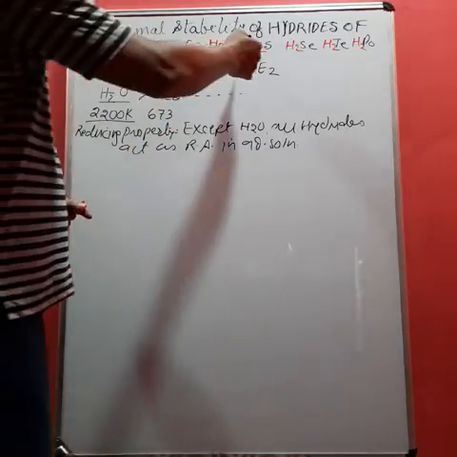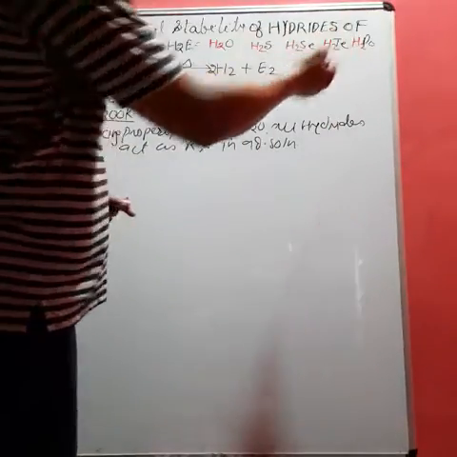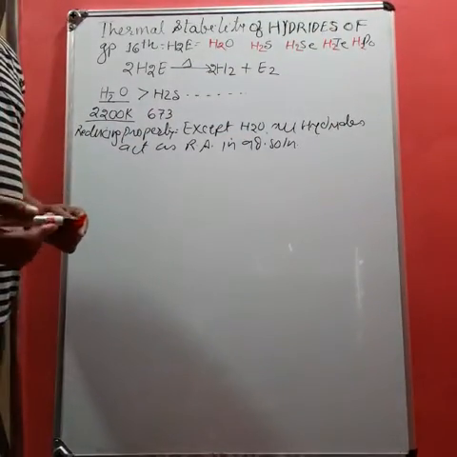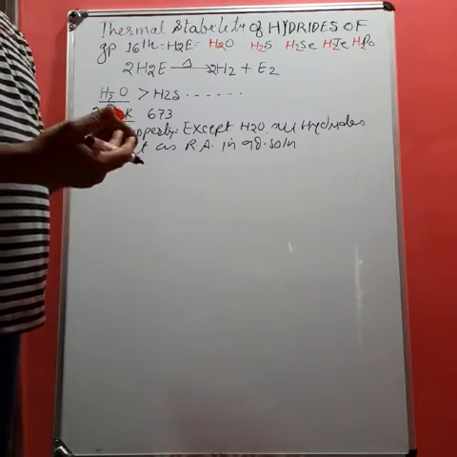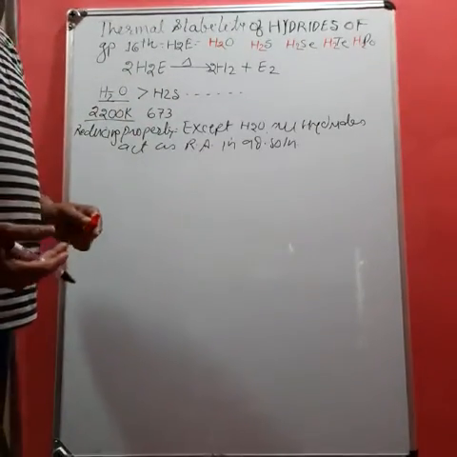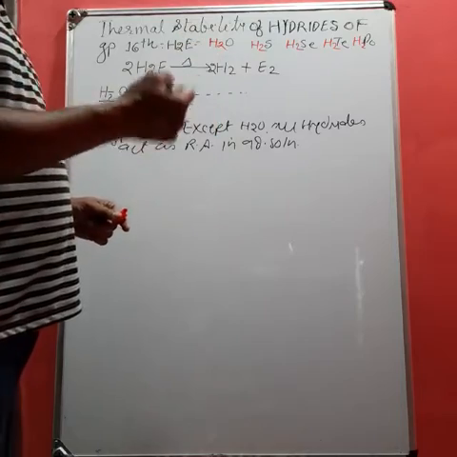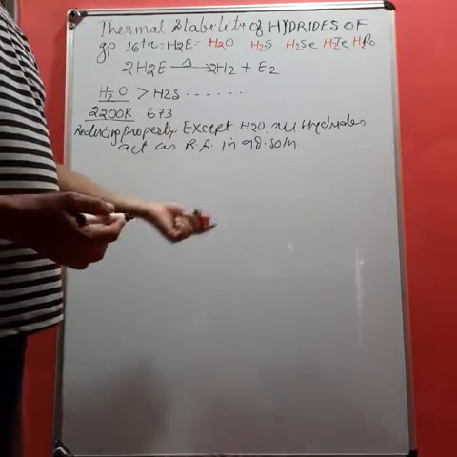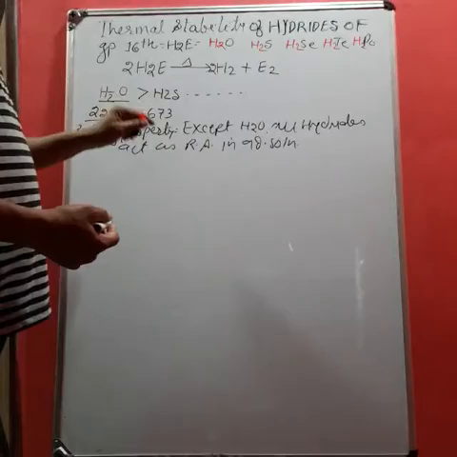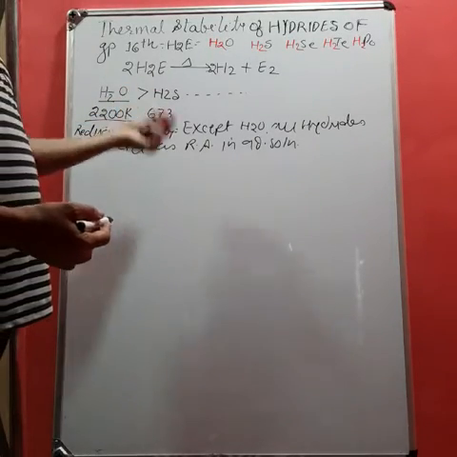But as we move down the group, the bond length will increase. The tendency to form intermolecular hydrogen bonds is completely lost, and therefore the greater the bond length, the easier it is to release hydrogen, thus the reducing property increases.